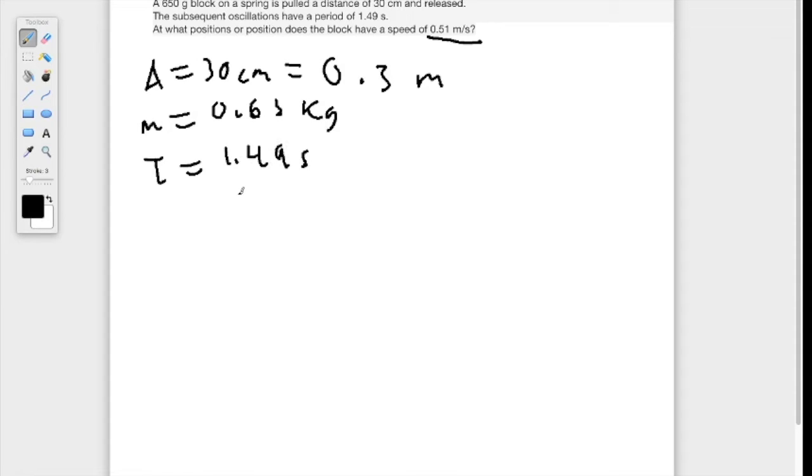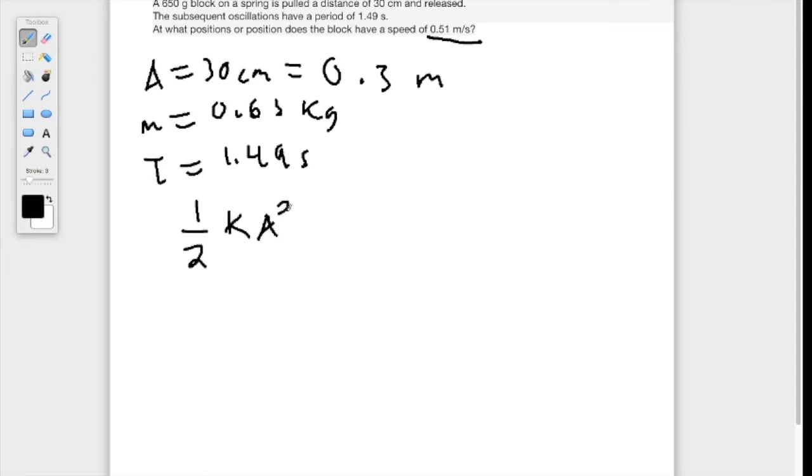So basically, we're trying to find the speed at a certain time. So I'm going to use conservation of energy for this. We can use the maximum potential energy because we're given amplitude.